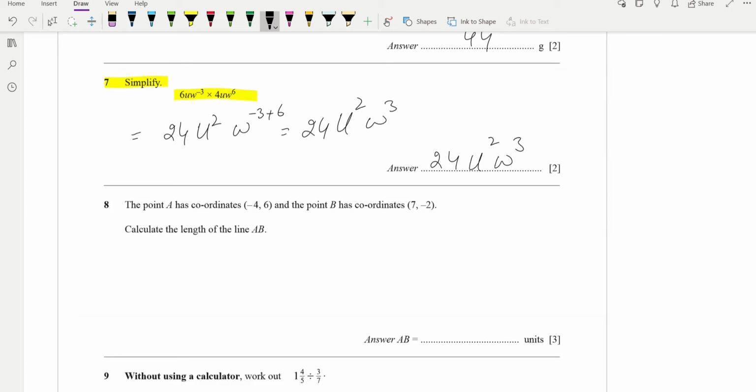This is done. Now question number 8, the point A has coordinates this one and the point B has coordinates this. Calculate the length of AB.